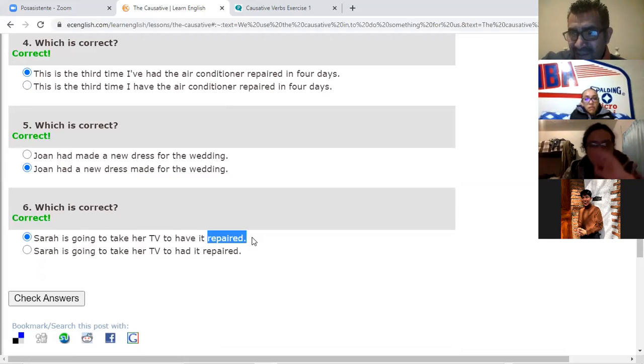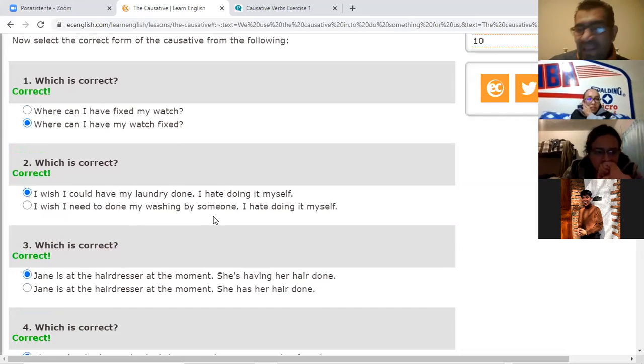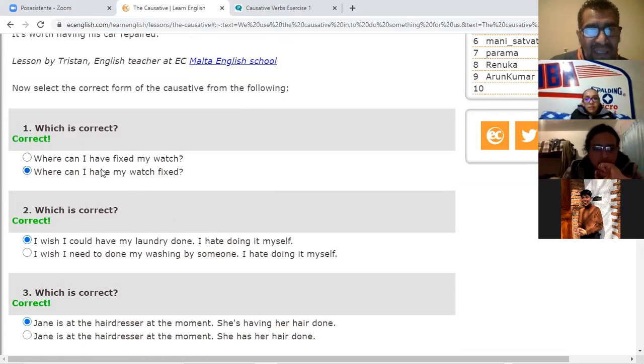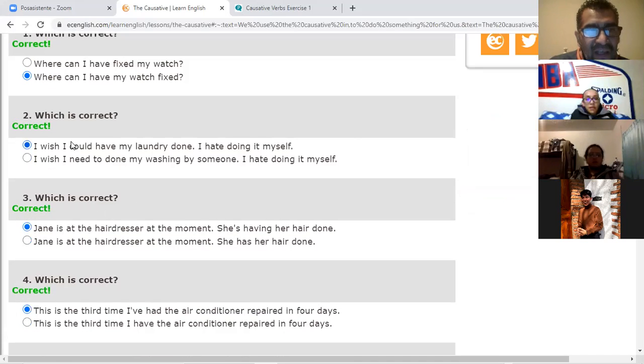Okay? That's the idea, that you have to use any form of have or get and the verb in past participle. For example, have fixed. Could have done. Having done.